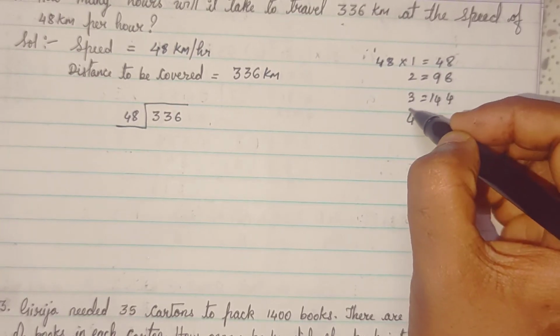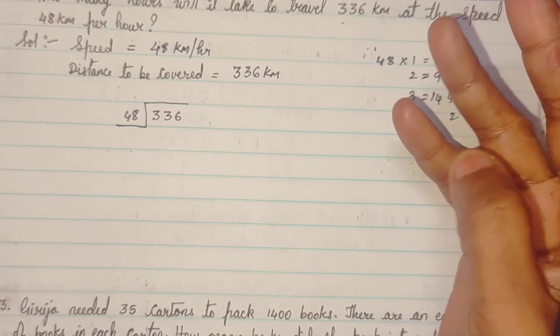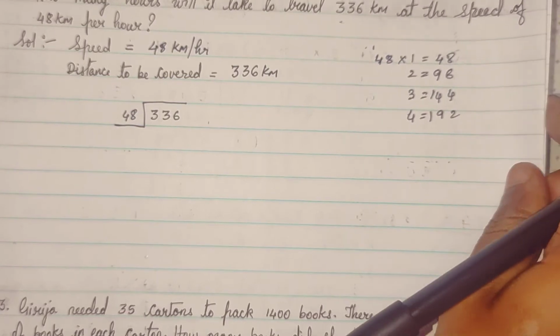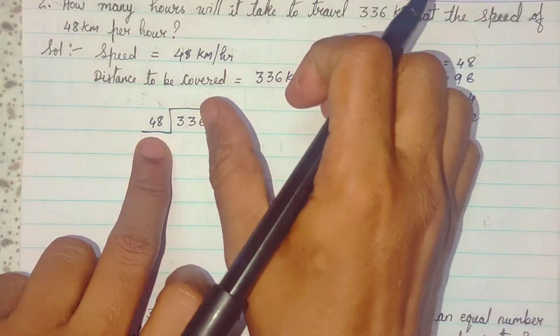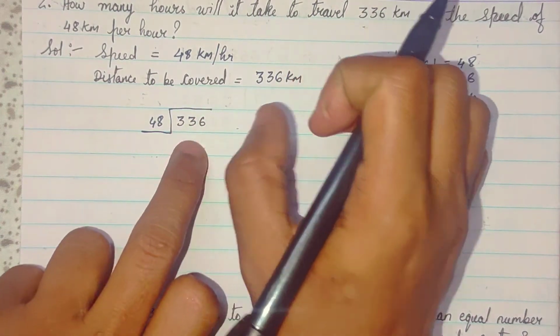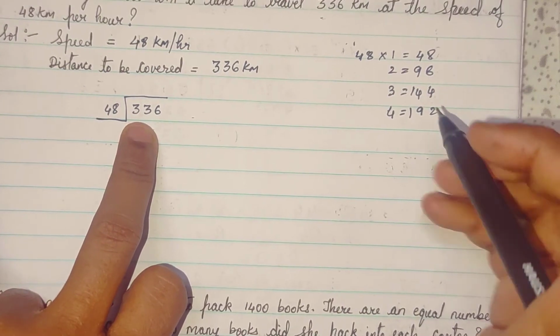Then 4s are 4 8s are 32, 3 carry, 4 4s are 16, 17, 18, 19, 192. First let's see 48. So we can't take 3 either 33, so पूरा एक साथ 336 देखना पड़ेगा. So 192 भी not possible.